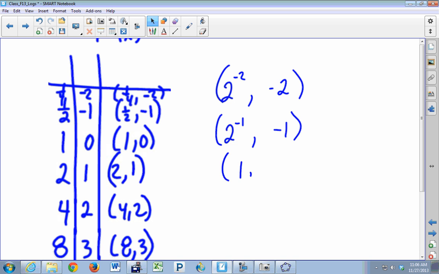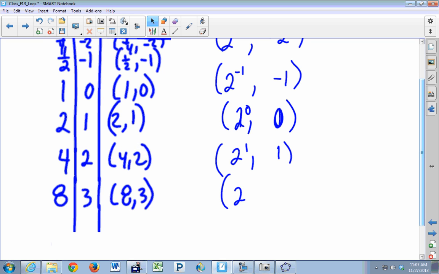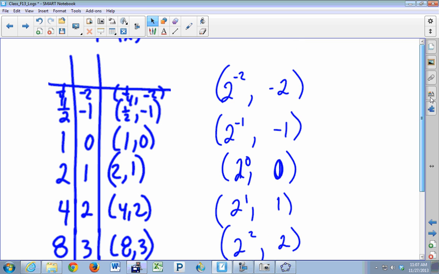And 1 is 2 to the 0, and the answer 0. And 2 is 2 to the 1, which is 1. And 4 is 2 squared, and 2 was our output, and 2 cubed, and 3 was up.